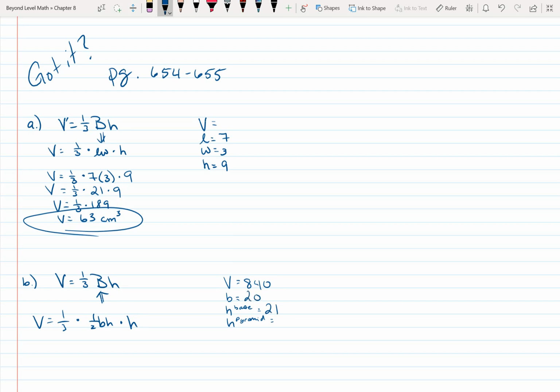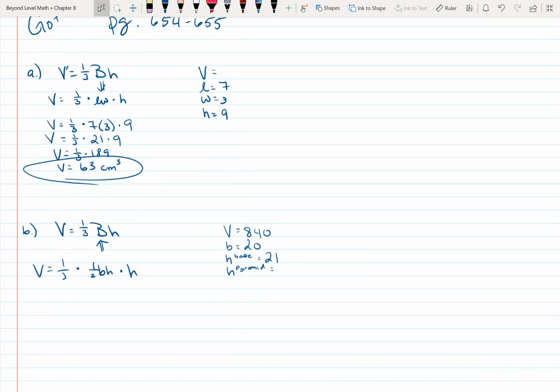And then it says find the height of the pyramid. Alright, so I'm going to plug in what I know. I know my volume is 840, 1/3 times 1/2, the base is 20, 21 times height.